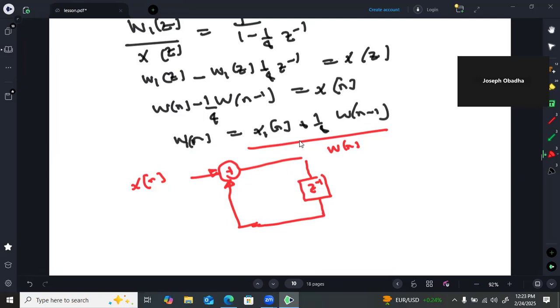The multiplying factor here is 1/4. So here you have the x[n] coming in. We add x[n], and then this other one we have it here. So we get the w[n]. So that is the first part.